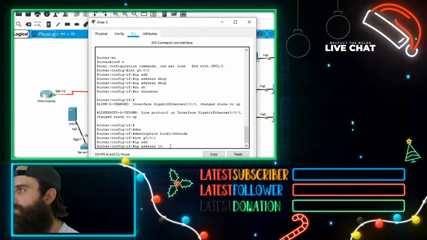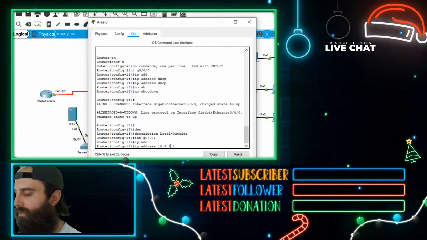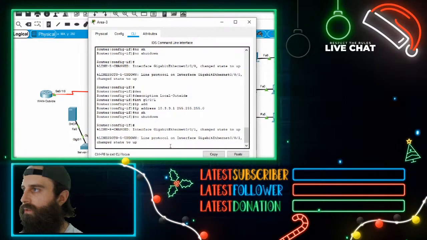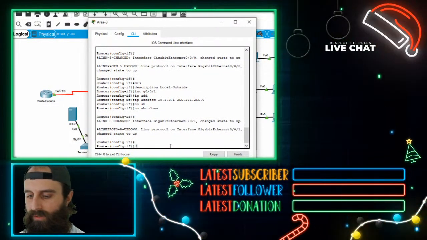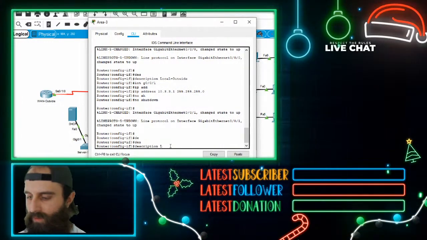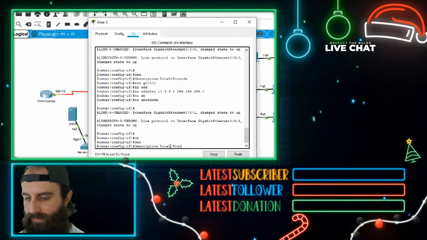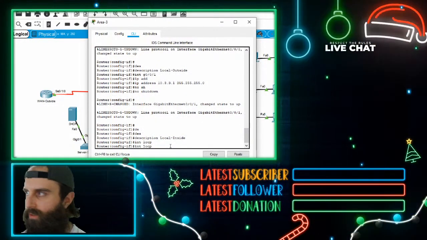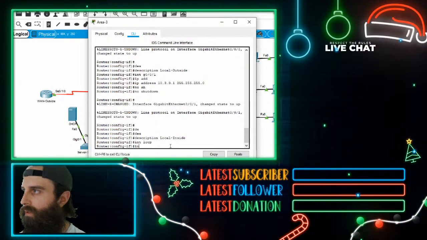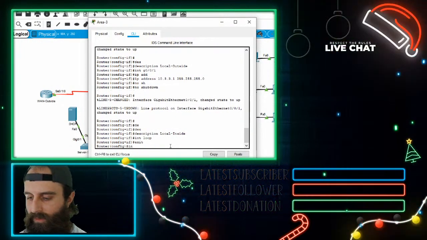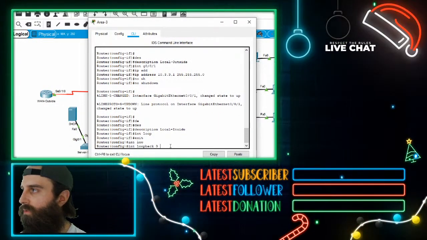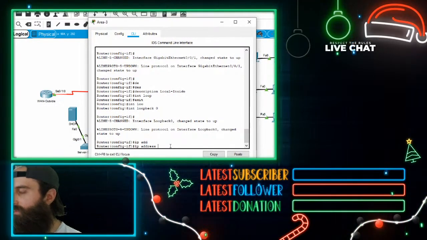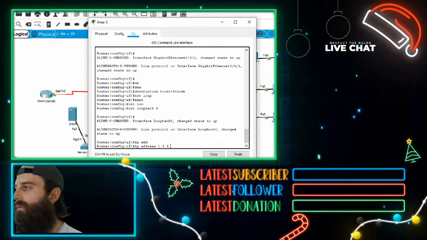Yeah. 255.255.255.0, no shut. All right, description local inside. All right, interface loopback 0, and we're going to give that the IP address of 1.3.3.3.